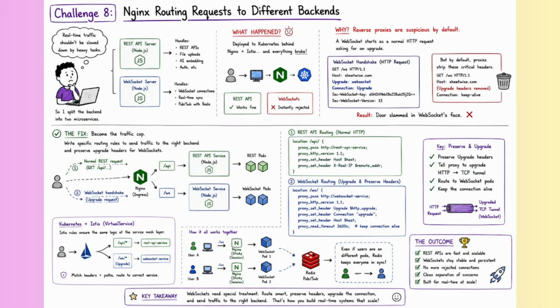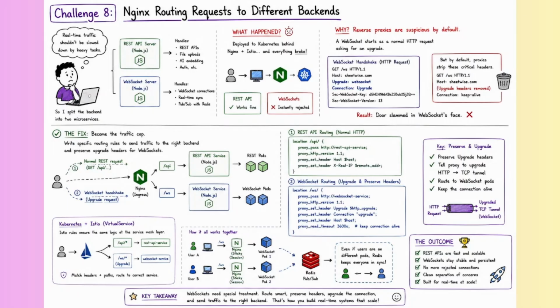But when I deployed this to my Kubernetes cluster behind Nginx, everything broke. The REST API worked fine, but the WebSockets were instantly rejected. Why? Because reverse proxies are naturally suspicious. A WebSocket connection doesn't start as a WebSocket, it starts as a normal HTTP request that knocks on the server's door and says, "Hey, I want to upgrade this to a persistent two-way connection."